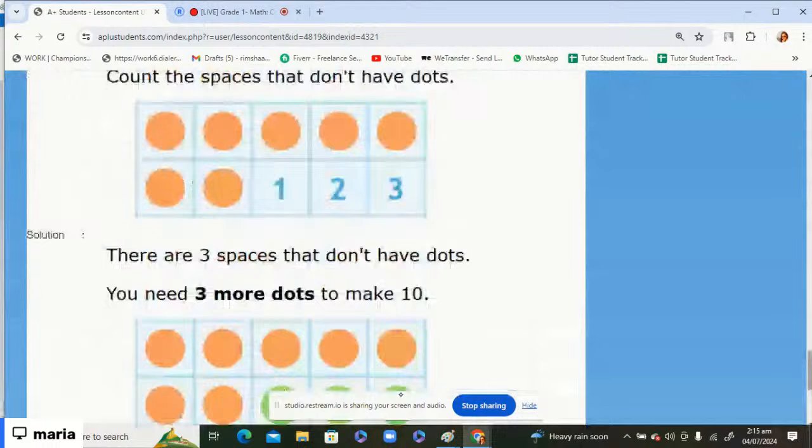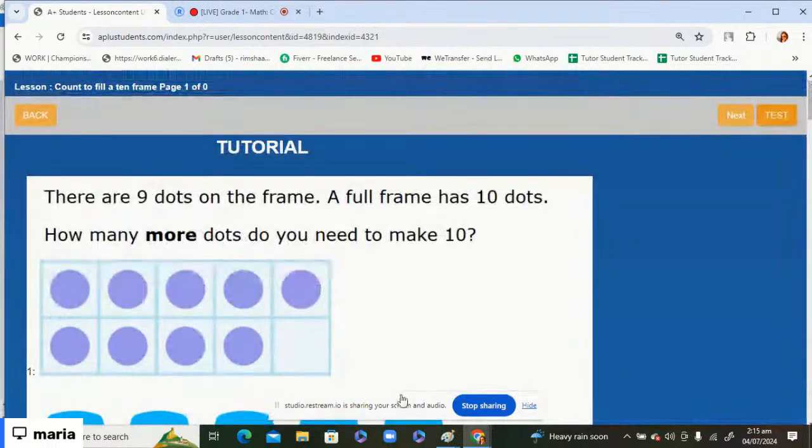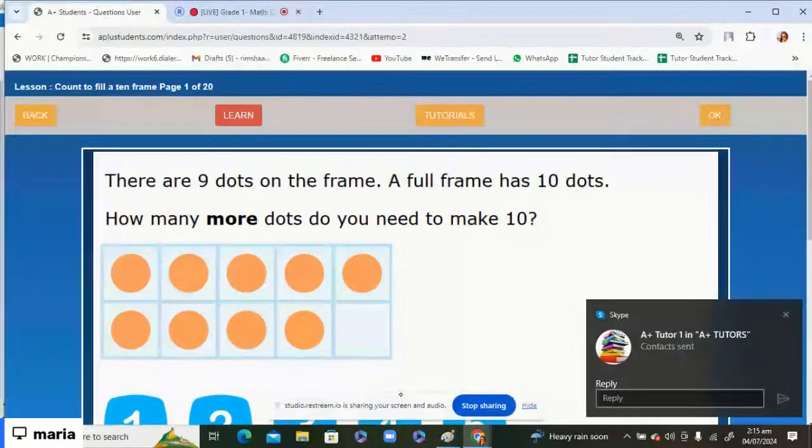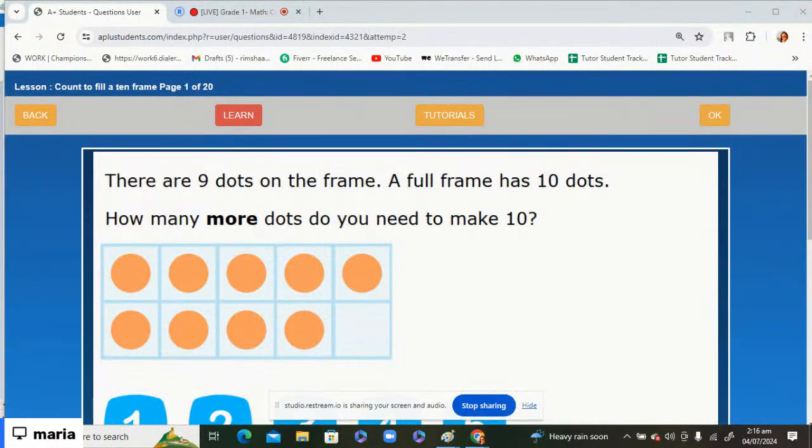Now let's do some test questions. In this one, look at the frame first. There are 9 dots on the frame, and a full frame has 10 dots.